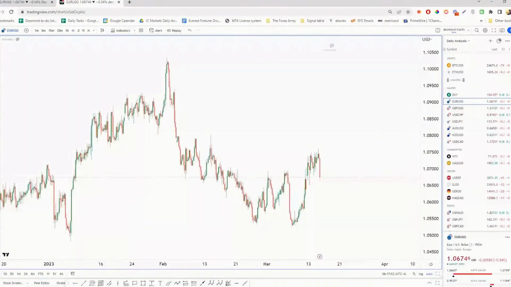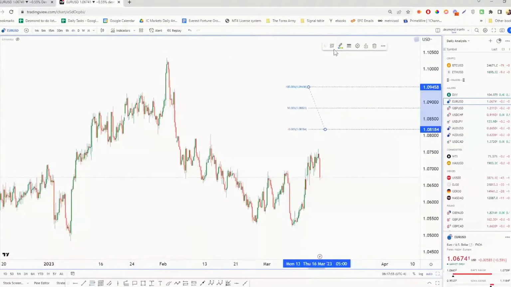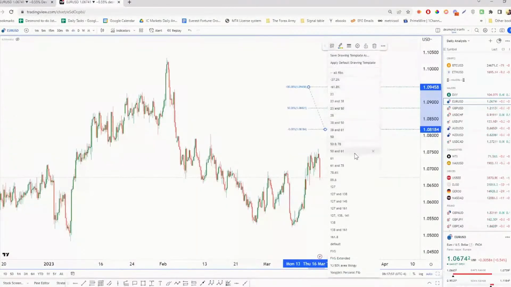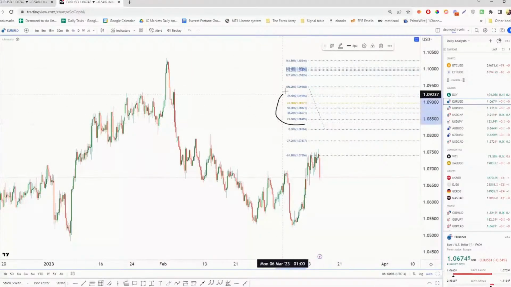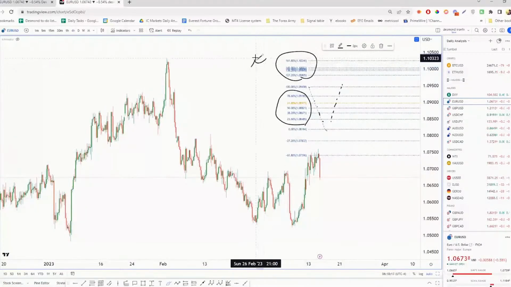I usually have my Fibonacci retracements set up with all the different Fibonacci levels over there. When I use all fibs, it actually shows me everything. The middle part is what I call Fibonacci retracement. Once it retraces beyond the 100%, this is what we call Fibonacci extension, EXT.